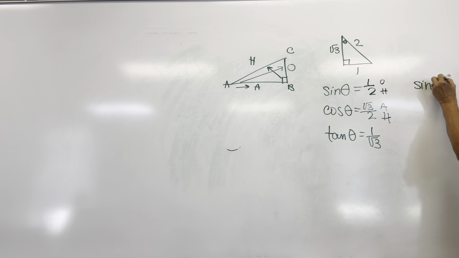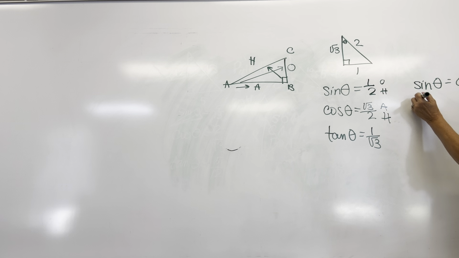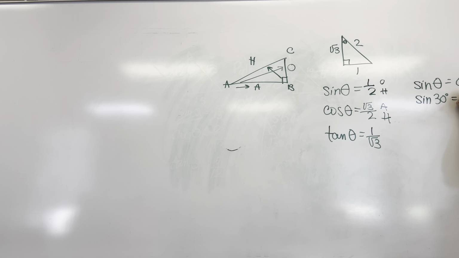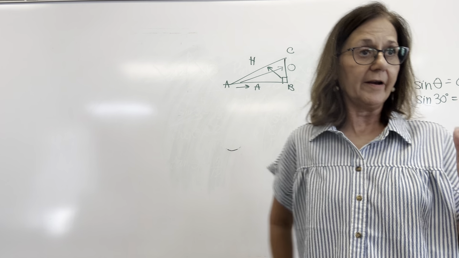But it could be the sine of theta is 0.5. That would represent 1/2. Would you agree? I know that that is a 30-degree angle, and I know that that's going to equal 1/2. I already know that.